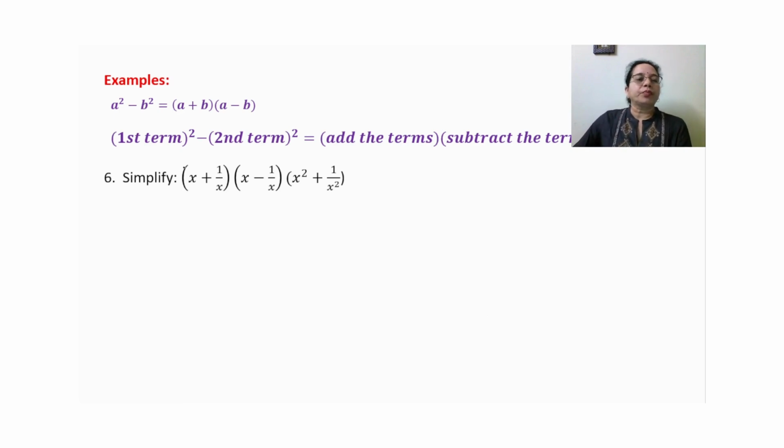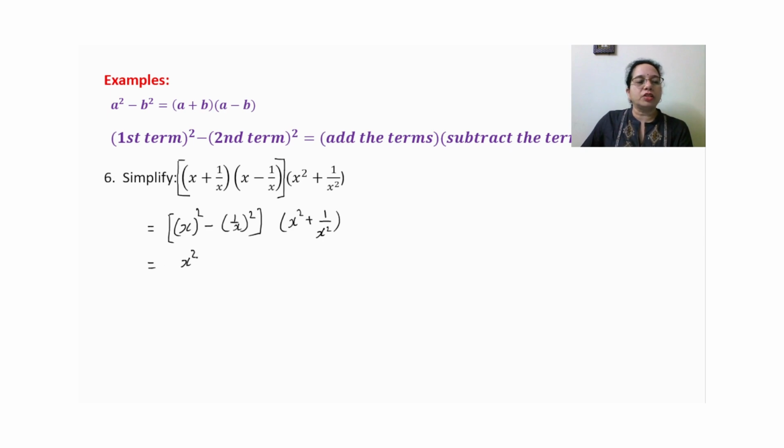Now again here also three brackets are there. Then these first two brackets I can keep in square bracket. Your first term is same, second term is same, the middle signs are different. So again we will use the third identity, that is first term whole square minus second term whole square. And now the third bracket, x square upon 1 plus x square. Now we will solve this.